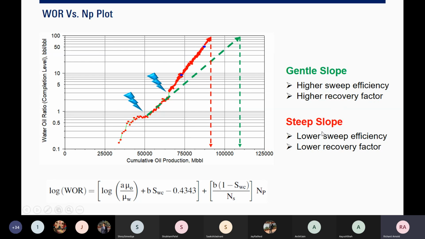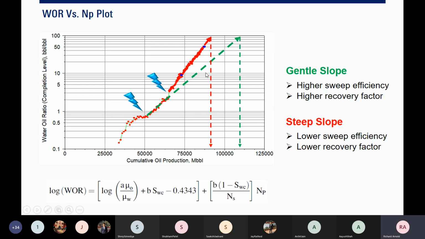But a steep slope will give you lower sweep efficiency and lower recovery factor. So previously, we followed a green line with a gentle slope. But something happened around this time that gave a steep slope.